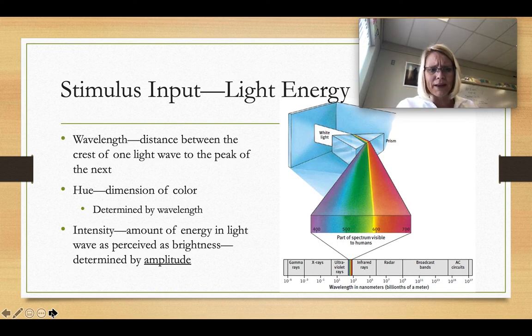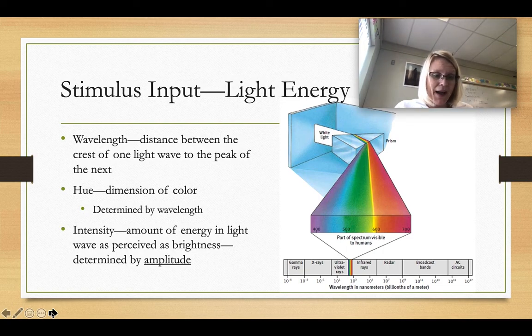Hue is our dimension of color, and the hue of something is going to actually be determined by the wavelength. And so when we talk about, you'll see on the next slide, if something's a bright color or if it's a dull color, if it's more toward a blue color or more toward a red color, that's all determined by wavelength. The intensity is the amount of light in a light wave as perceived by the brightness.